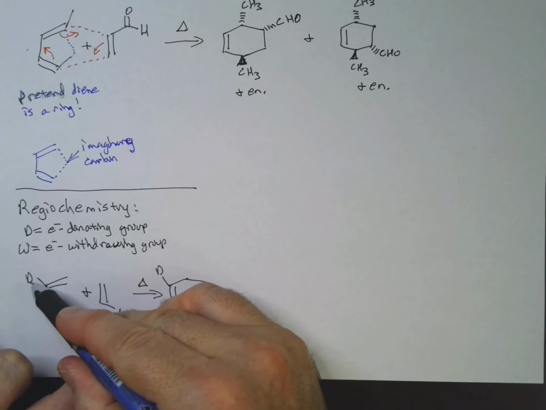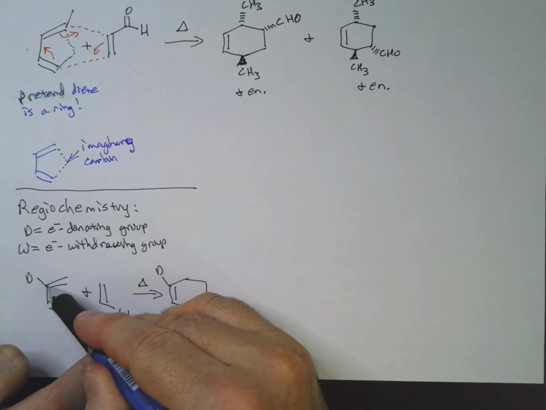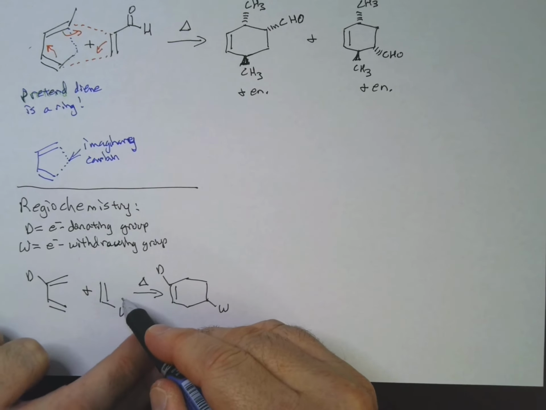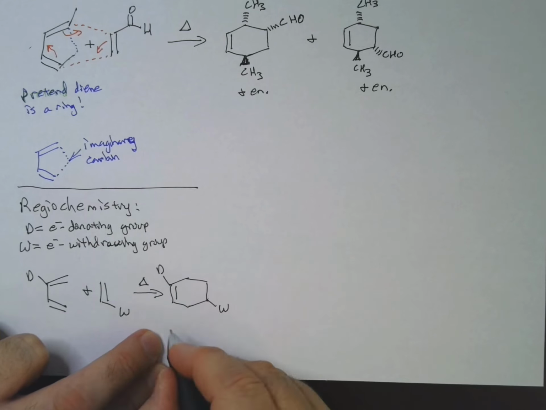So if I have my electron donating group here on the diene, and I've got my electron withdrawing group, and I add these together, I get the 1,4 product.